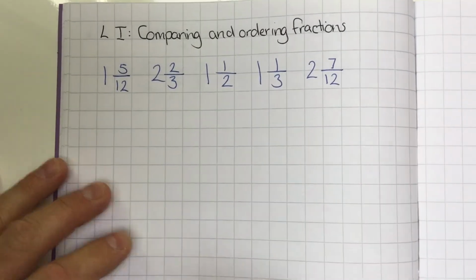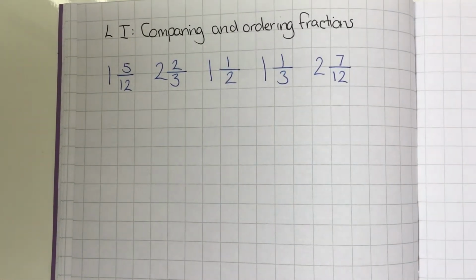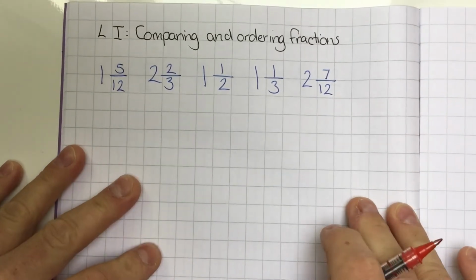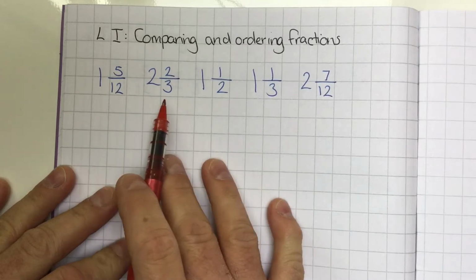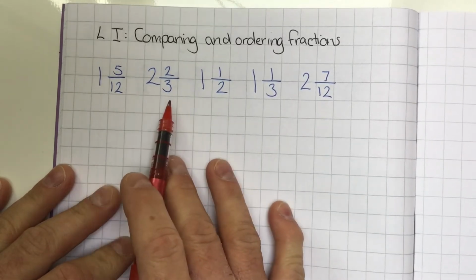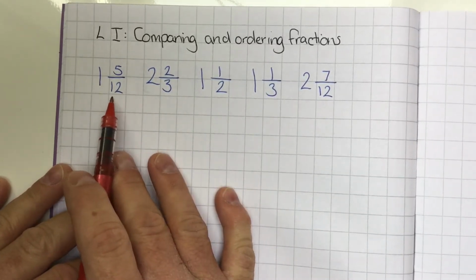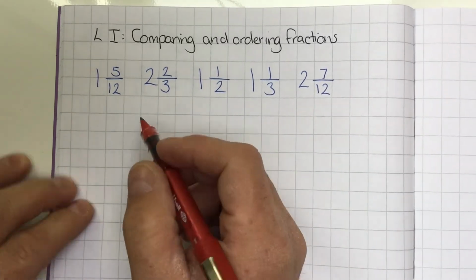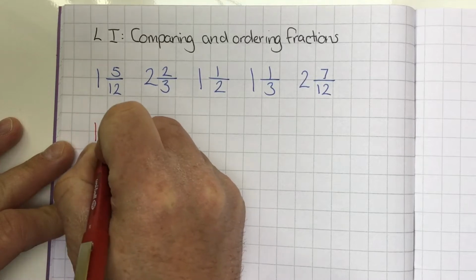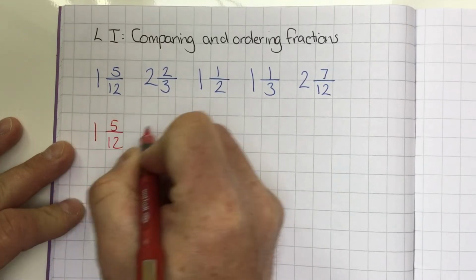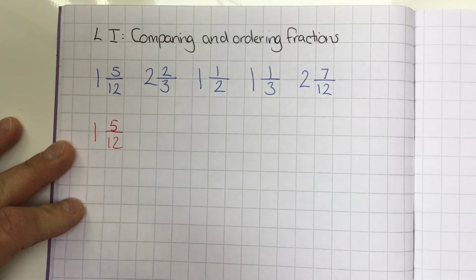So we've got to make these fractions the same on the denominator so that we can compare them to one another. And it's easier to go up instead of down this time to the lowest common denominator or simplify them. So the largest denominator that we have is twelfths. So let's put everything into twelfths. So 1 5/12 would stay the same. 2 2/3.